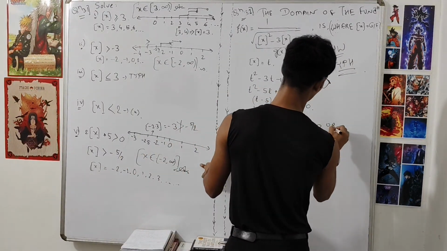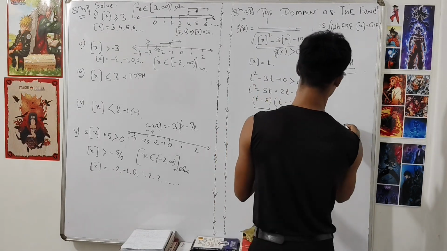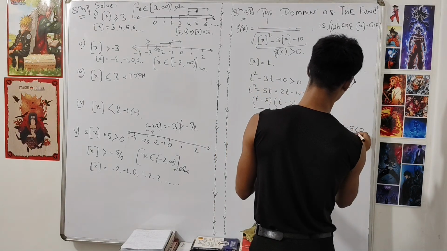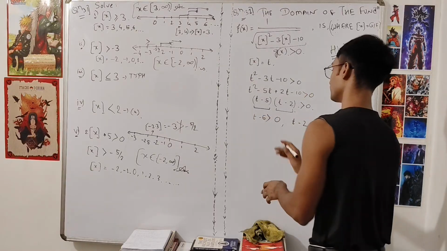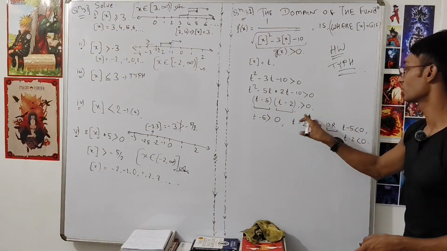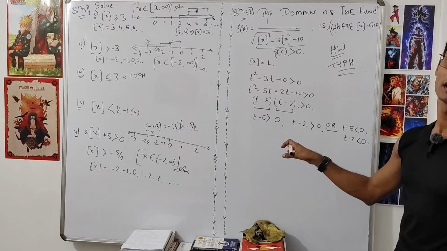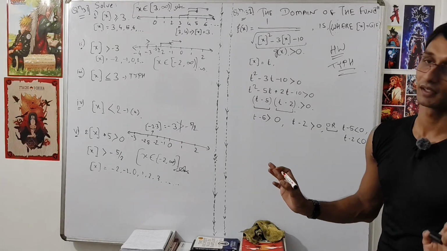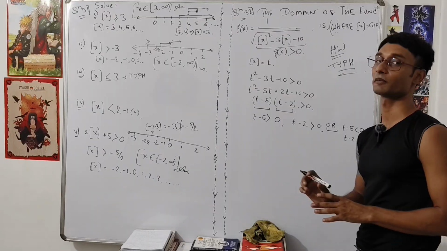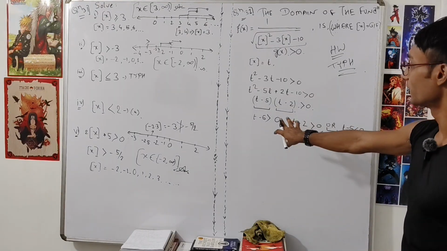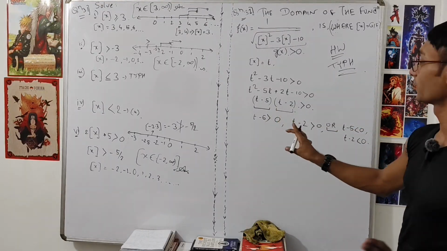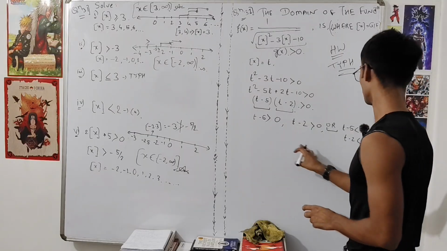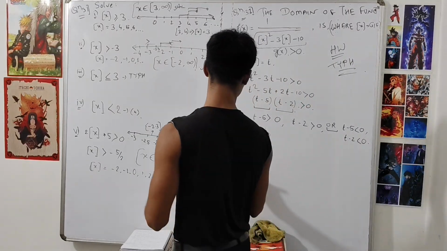And it can also be that t minus 5 is less than 0, so t minus 2 should also be less than 0. That's why negative into negative is positive and positive into positive is positive. Okay, but the simple way to complete it in a short term is to learn the wavy curve method first. So from here what you will get?